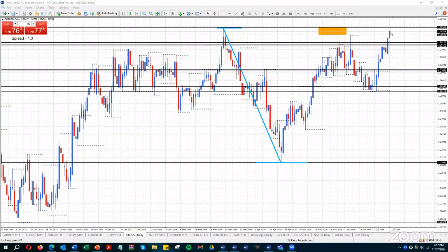All I know is I don't want to buy here. I would need to see some form of pullback, or we've already had the pullback. We had a little kind of 2-day pullback here. So now it's, where do we stop for the next pullback, or do we get a reversal? That's what I'm looking for.